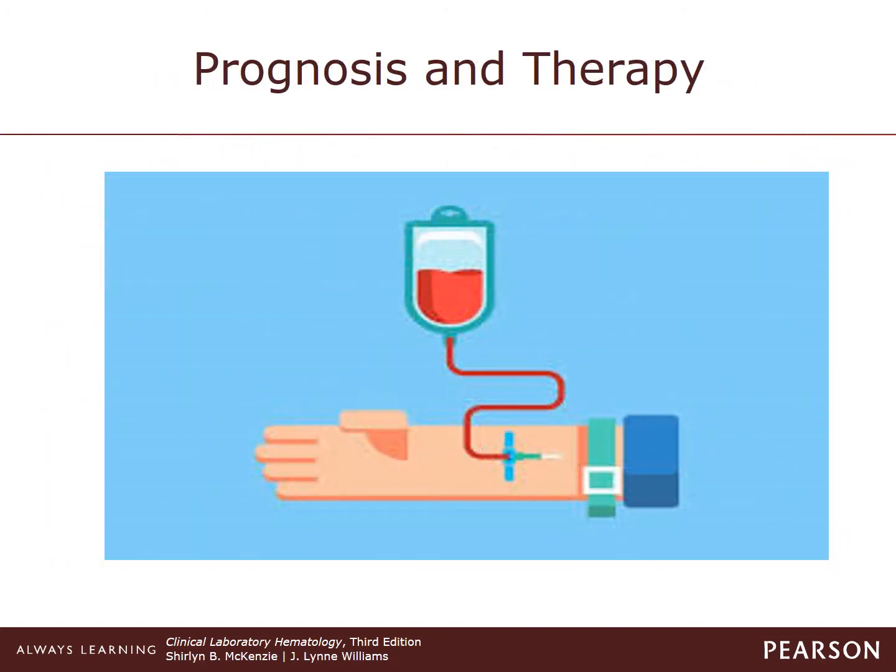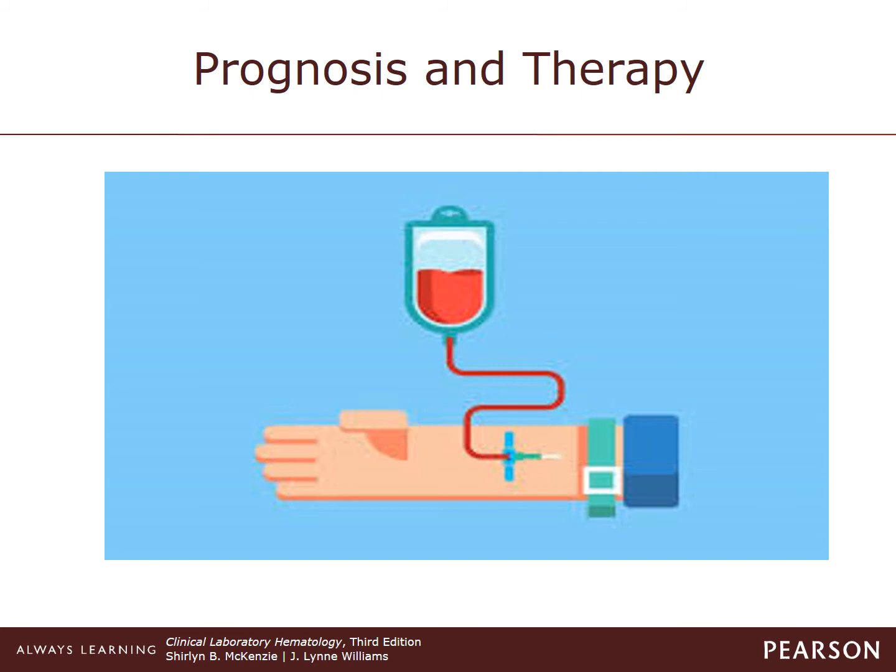So what does prognosis and therapy look like for aplastic anemic patients? So hematopoietic stem cell transplantation is possible with a suitable donor. Also, immunosuppressive therapy can be accomplished if the patient lacks or cannot find a suitable bone marrow donor.